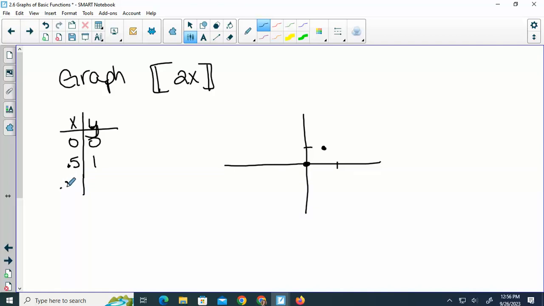If I put in 0.25, 2 times 0.25 is 0.5. Greatest integer of 0.5? 0. So what's happening on this one is it jumped up sooner. So we saw at 0.5 is when we got the next integer value. So this time, my steps are only half a unit long. So we jump up every half.